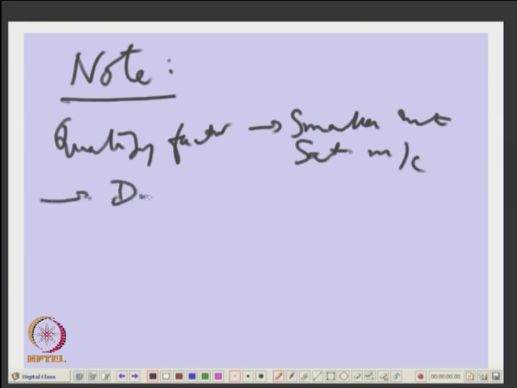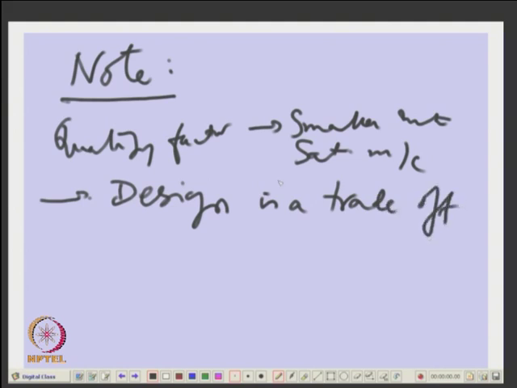Then design is a trade off, because you have a trade off between whether you want a saturated machine or an unsaturated machine, okay.